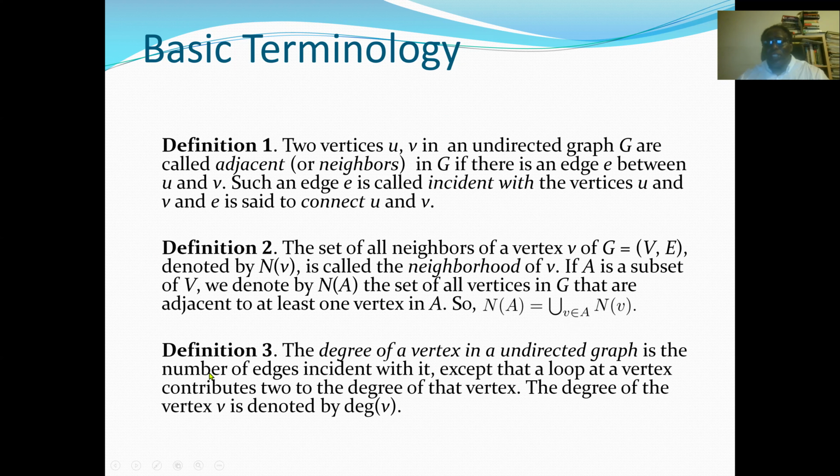Our next definition, the new terminology we're going to learn here, is the degree of a vertex. The degree of a vertex, especially in an undirected graph, is the number of edges connected to the vertex. But if it's a directed graph, then it will be the number of edges going away from that vertex, because in a directed graph we may see an arrow, whether the edge is coming to the vertex or going away from it.